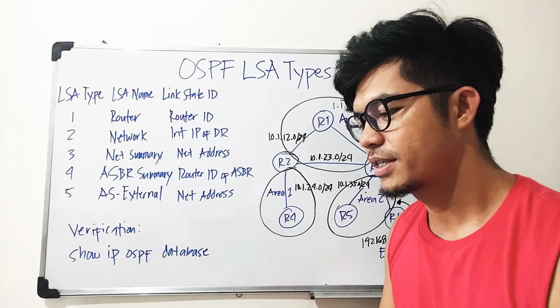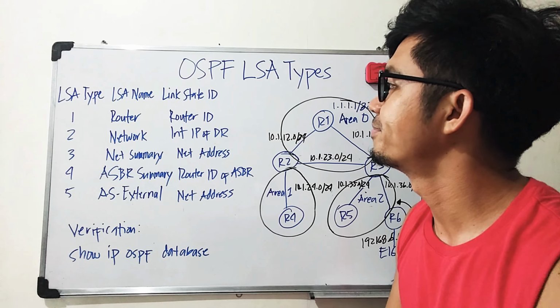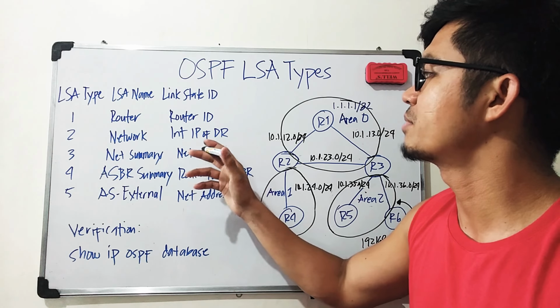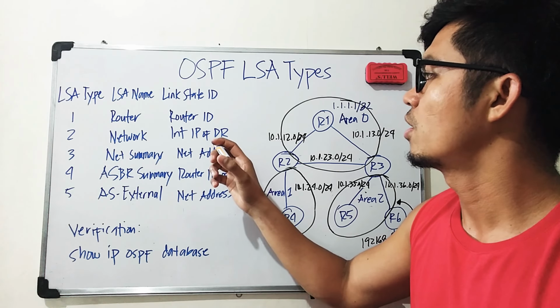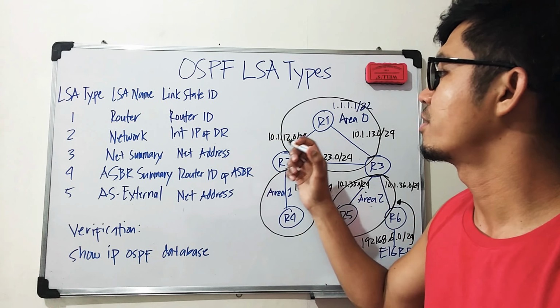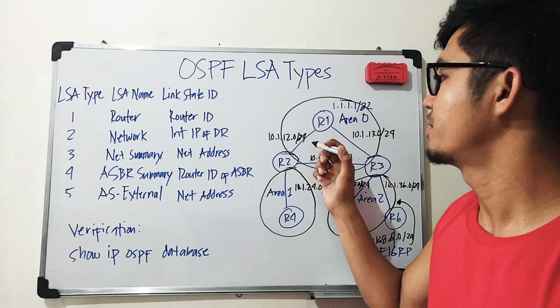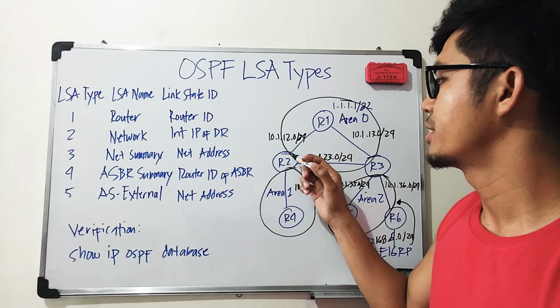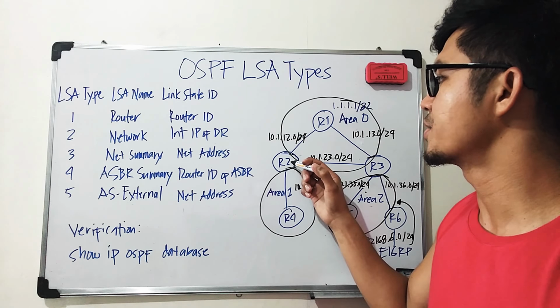Let's talk about network LSAs. Network LSAs are originated by the DR per segment. For example, here, let's say that the DR is R2.